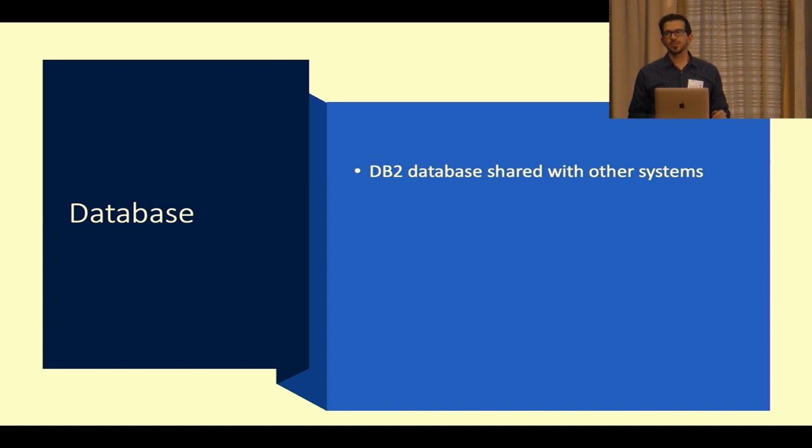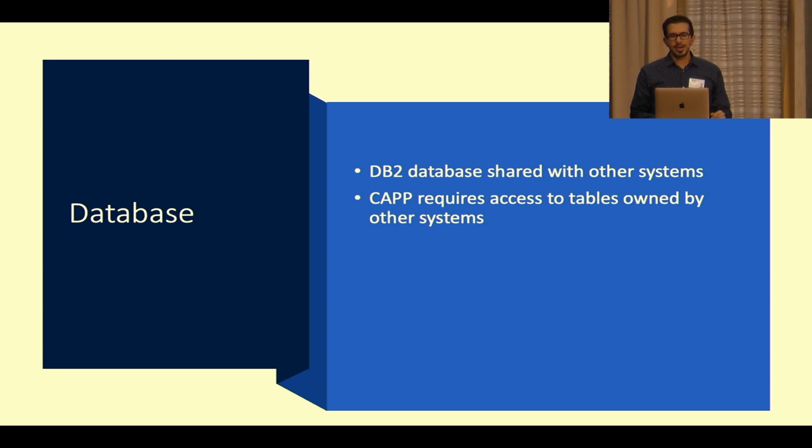Right. Another challenge was the database, because they use a DB2 database, which is also shared with other systems on the mainframe. The tables they use for the CAP system are essentially inverted tables that are serialized and written to a single column in a table in the database.